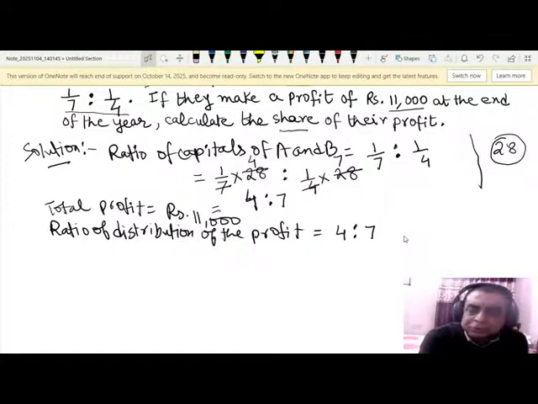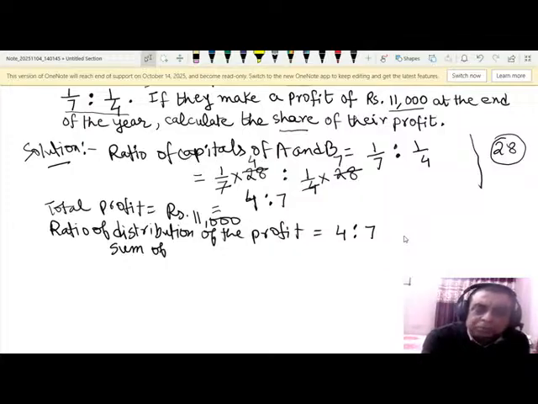So it will be distributed in the ratio 4 is to 7. So we have to find the profit shared to A and the profit given to B.